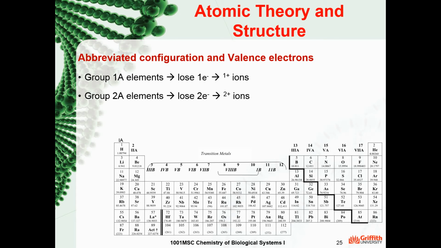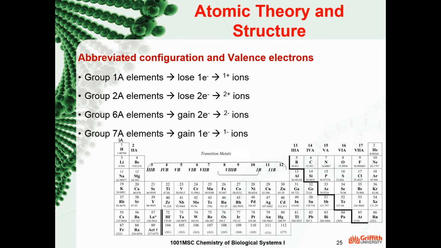Group 2A elements lose 2 electrons and they become +2 ions and obtain the noble gas structure. On the other side, group 6A elements gain 2 electrons and become -2 ions and obtain the noble gas structure. While group 7A elements need to gain 1 electron, and then they obtain the noble gas structure.